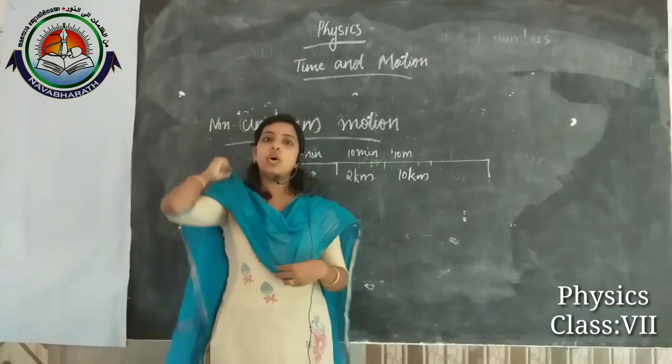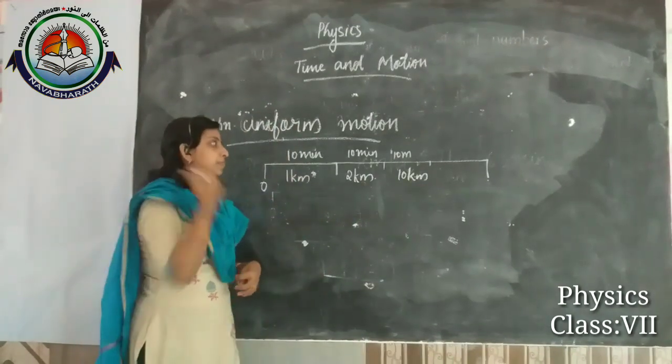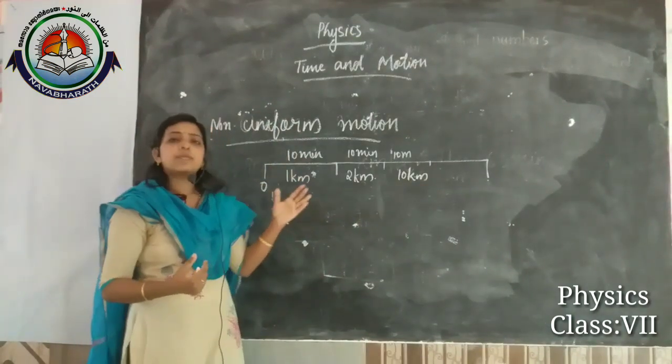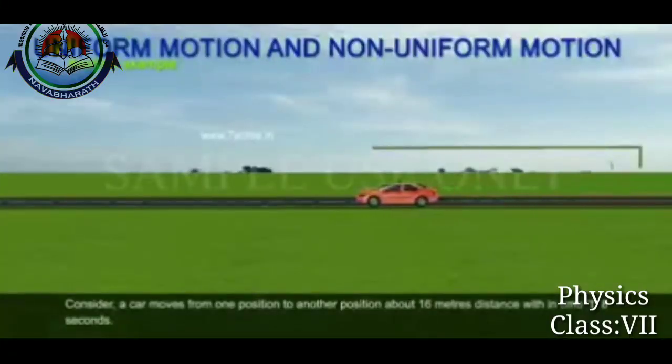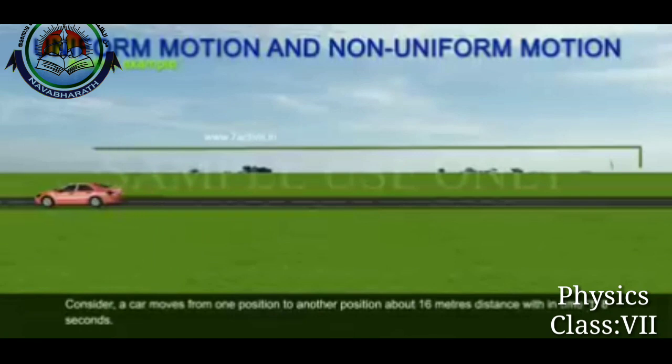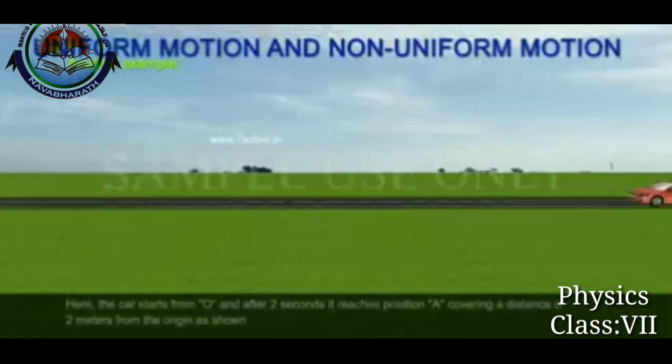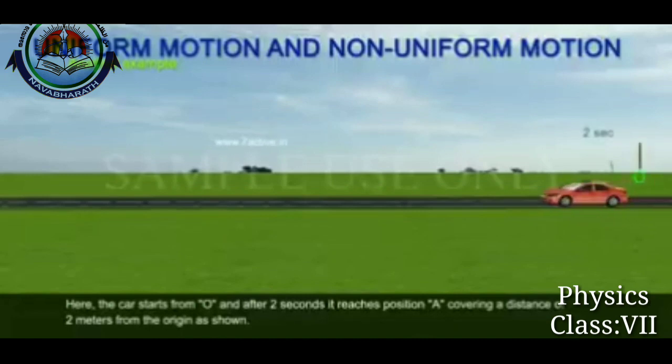It is non-uniform motion. And we can also explain it with the help of an illustration. Here you can see that the car from the initial position to the final position covers 16 meters, and for covering this much distance it takes 8 seconds.